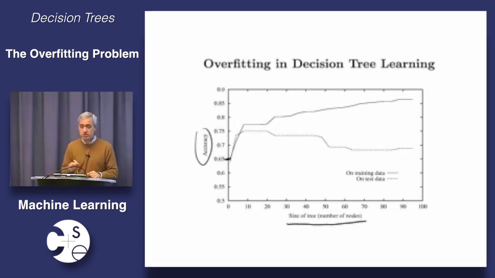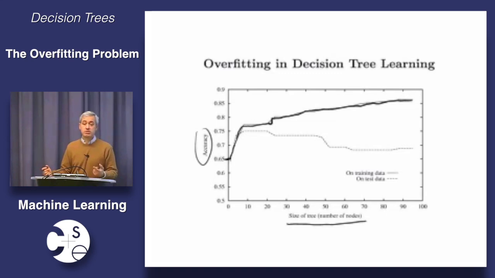But now, notice what happens as I start to grow my decision tree. The solid line is my training set accuracy, my accuracy on the data that I'm seeing. And not surprisingly, it just goes up and up and up. It never goes down. Why does it never go down? By design.